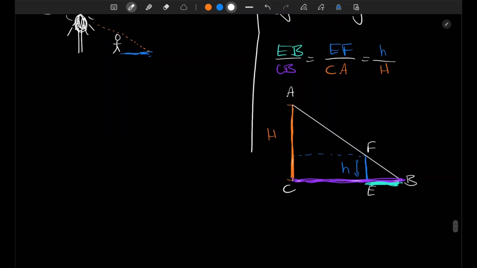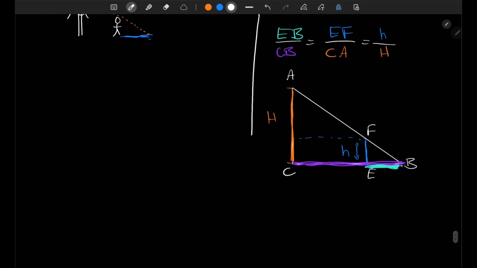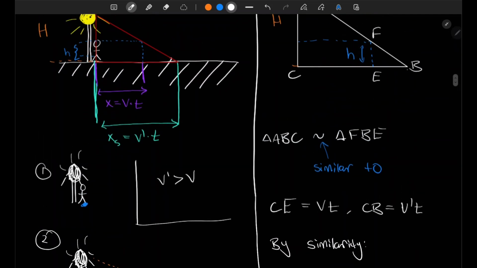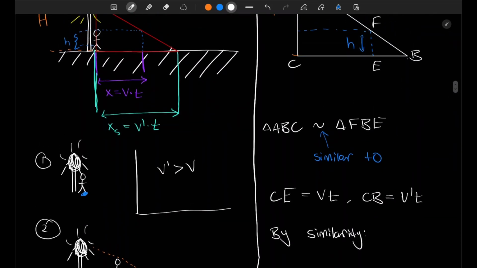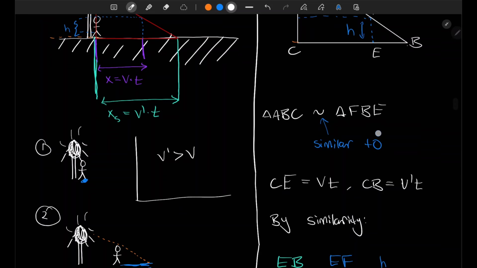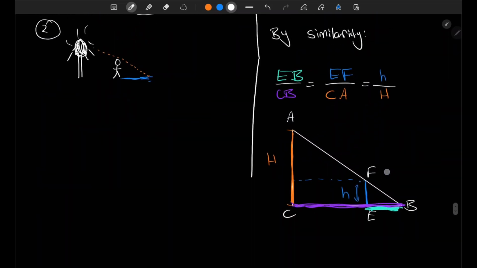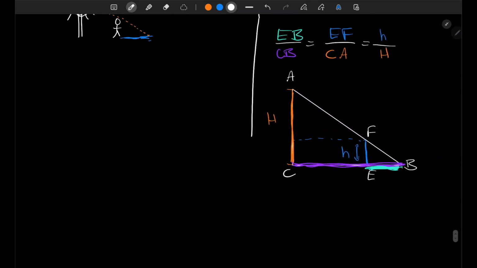Then, can we find the EB and the CB lengths? Well, we're given these two, right? We're given that EC is V times T. So we're given the purple one, right?